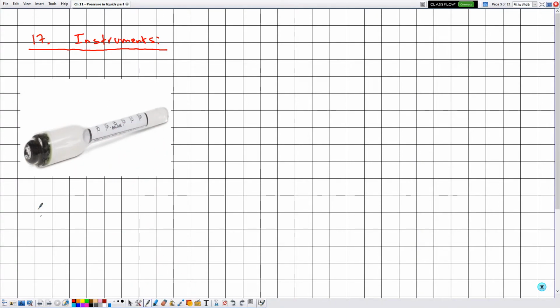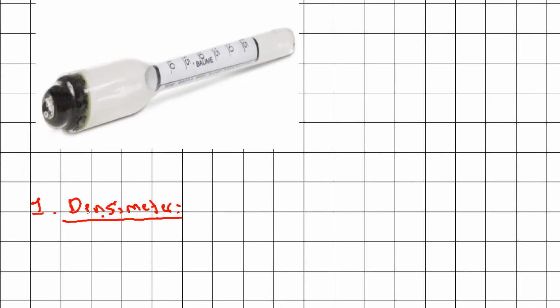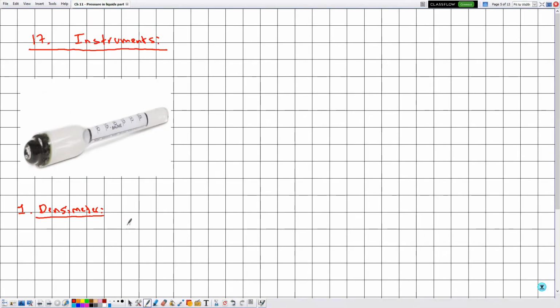This instrument is known as the densimeter. Notice that its name is given by densimeter. Densi stands for density and meter, which means it is an instrument. And indeed it is an instrument that measures the density of a liquid. So let's say it is an instrument.